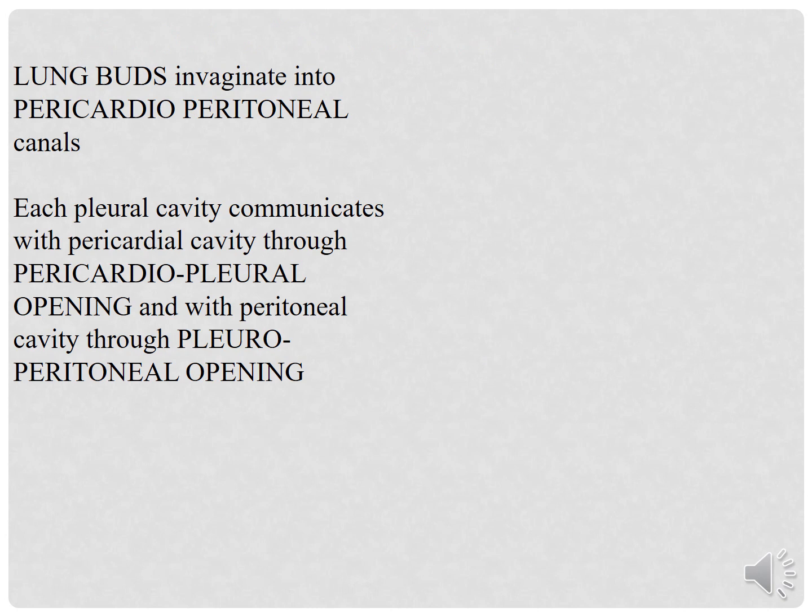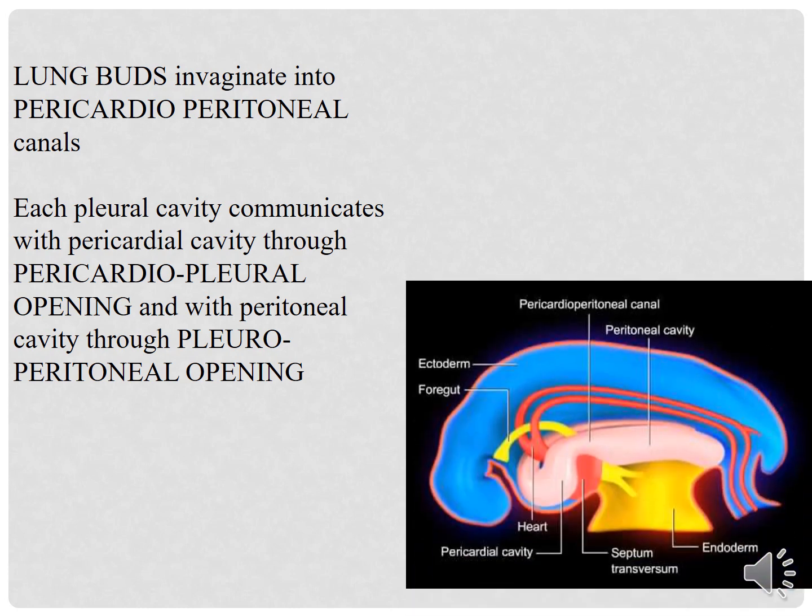Now, how do the lung buds develop, or what about the development of the pleural cavity? Lung buds, which develop from the foregut and are endodermal in origin, invaginate into the pericardio-peritoneal canal, as we can see in the diagram given below. Initially, the pleural cavity is in communication with the pericardial cavity through the pericardio-pleural opening, and also with the peritoneal cavity through the pleuroperitoneal opening.